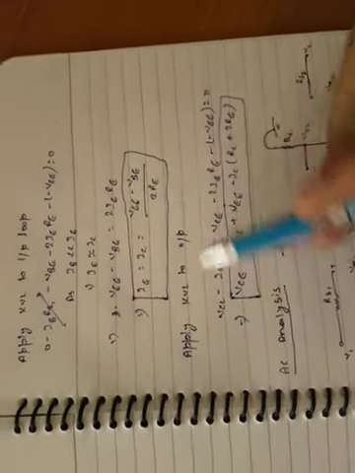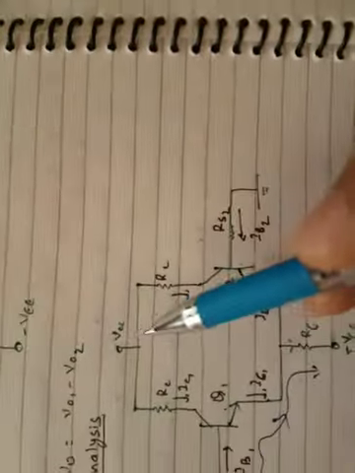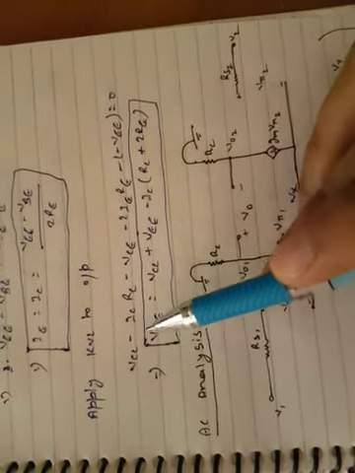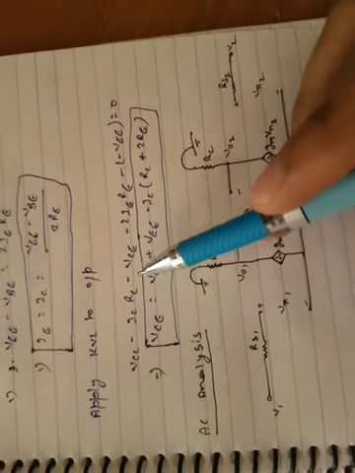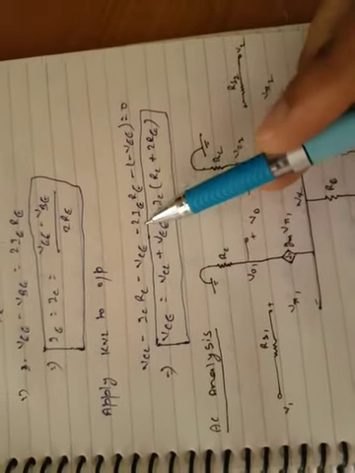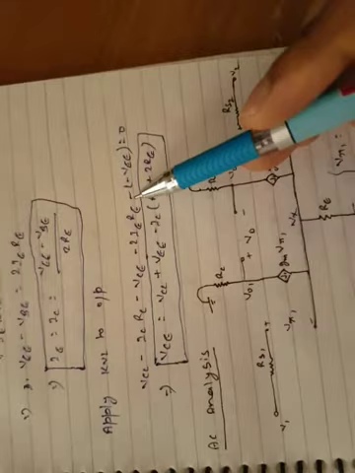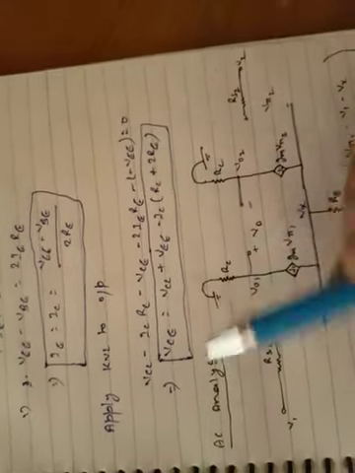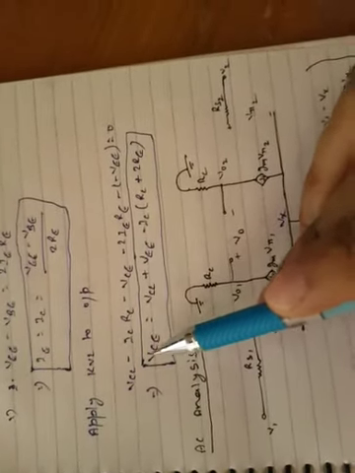If we apply KVL to the output loop, then this will be VCC minus IC RC minus VCE minus 2IE RE minus of VEE equal to 0. From here we can find the value of VCE.